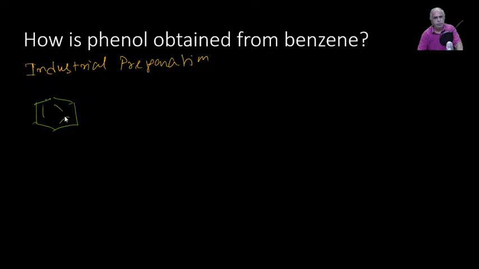Benzene plus propene, CH2=CH-CH3, in presence of aluminum chloride.